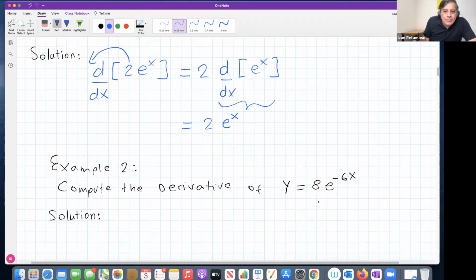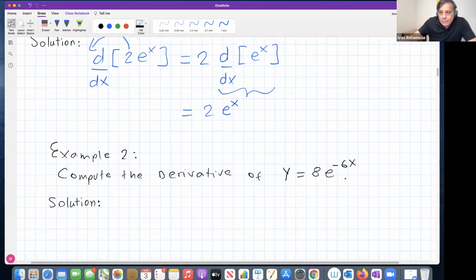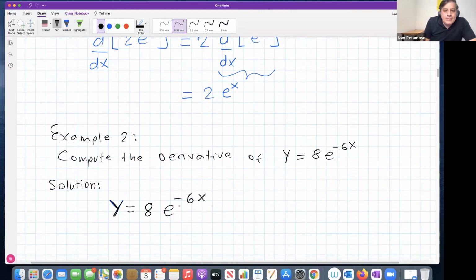Suppose now they give you something like this. Compute the derivative of y equals 8 times e raised to negative 6x. Solution. Well, here we start by writing out our function, y equals 8e raised to negative 6x, right? But now, since this is a composite function, we should identify our outside function and inside function.